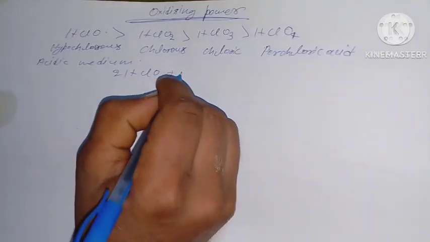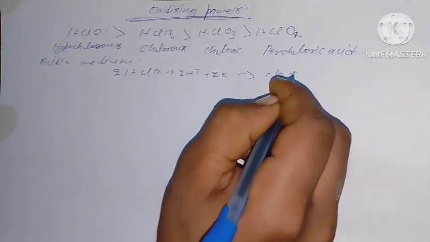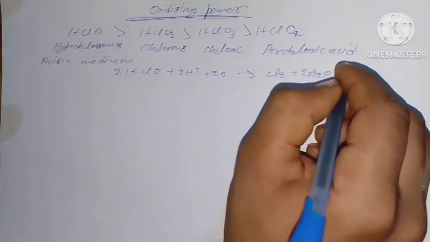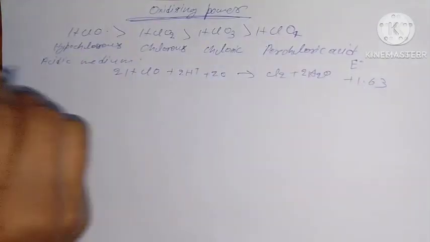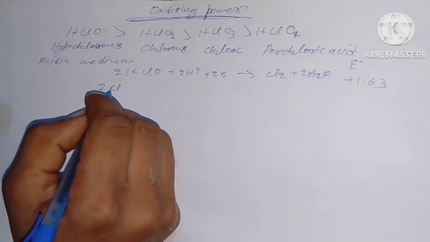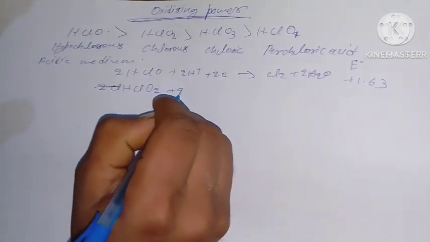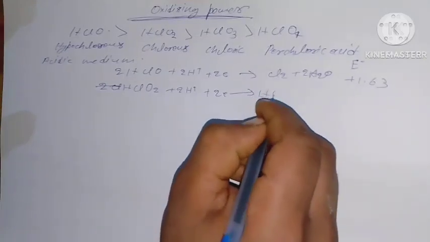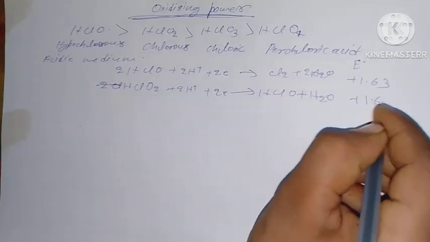2HClO plus 2H positive plus 2e, that gives Cl2 plus 2H2O, and E0 is plus 1.63. And HClO2 plus 2H positive plus 2e gives HClO plus H2O, that is plus 1.65.